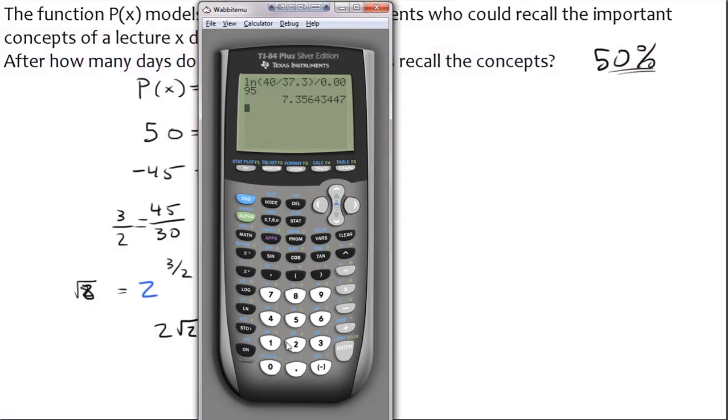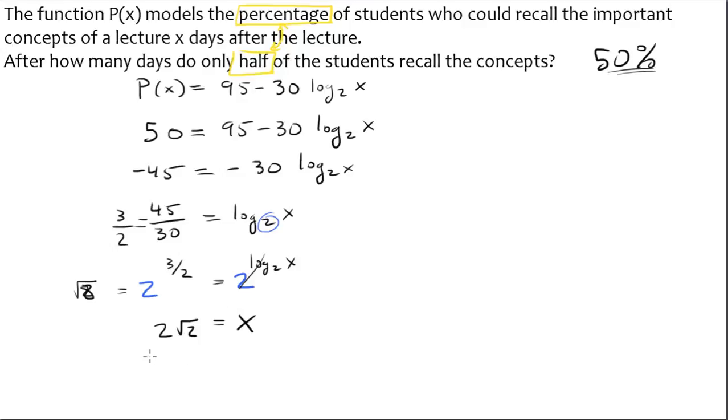Either way, I'm going to call that up on my calculator. 2 to the 3 divided by 2, 2.83, or I could do the square root of 8, 2.83, or 2 times the square root of 2. All those describe the same thing, 2.83. So after how many days? If I'm rounding to the nearest day, it would be 3 days.